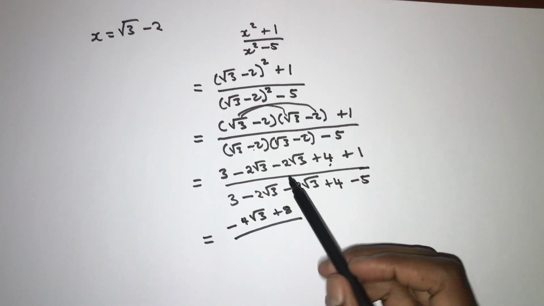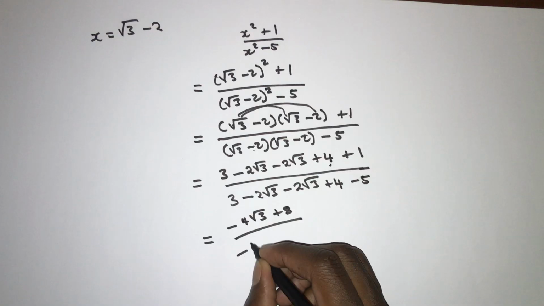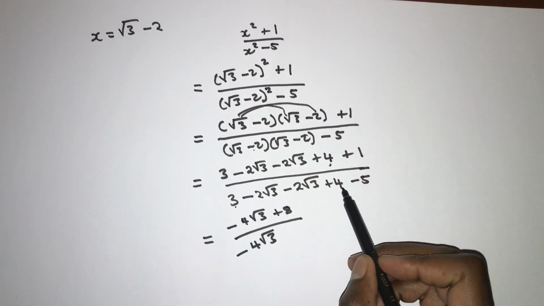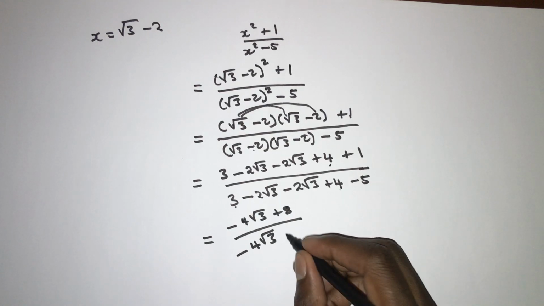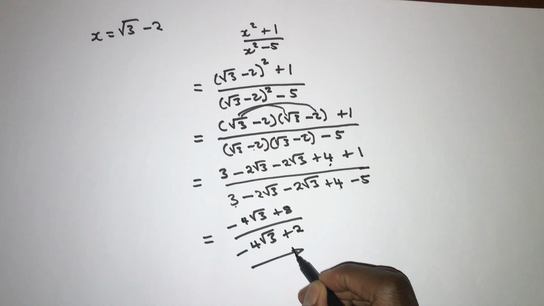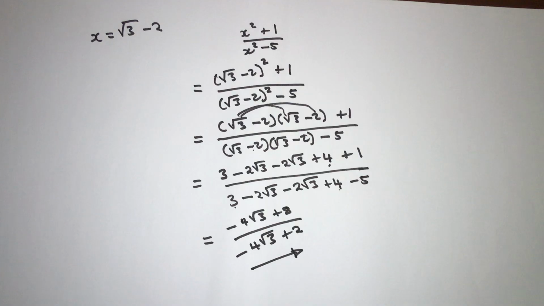Over, same here, negative 4 root 3. 3 plus 4 is 7, 7 minus 5 is positive 2. So this is the final answer. Since they said you must leave the answer in surd form, this is our surd form. That means this is the final answer for 5 marks.